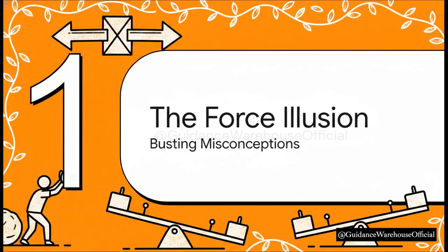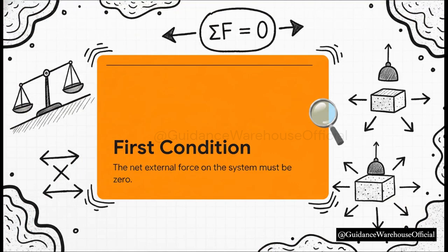Section 1. The force illusion. Busting misconceptions. Okay, let's dive right in and bust some of those common misconceptions about how forces interact with objects. We really need to define exactly what nature demands for a true state of balance. The absolute fundamental rule you need to memorize is that for any object to be in equilibrium, all external forces pushing or pulling on it must completely cancel each other out.